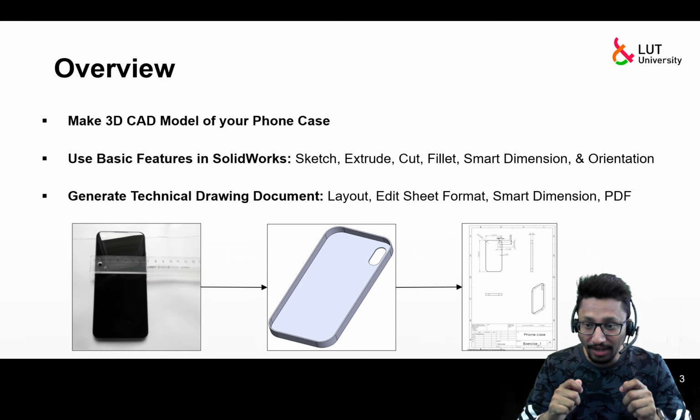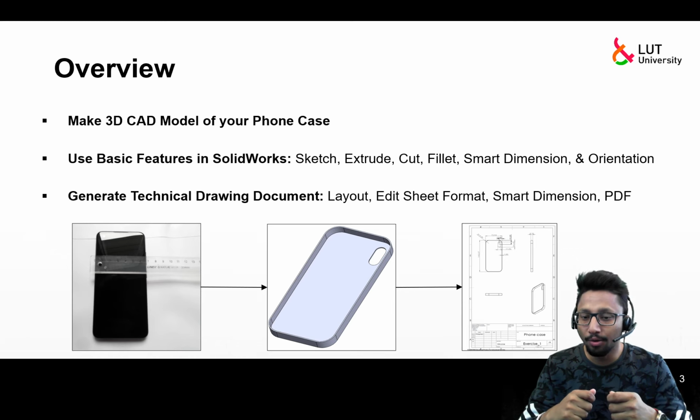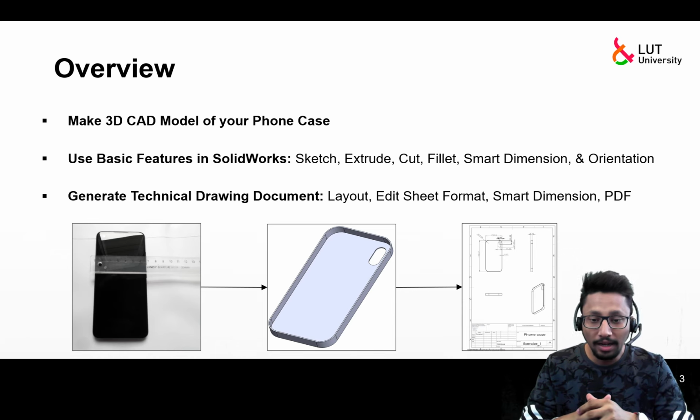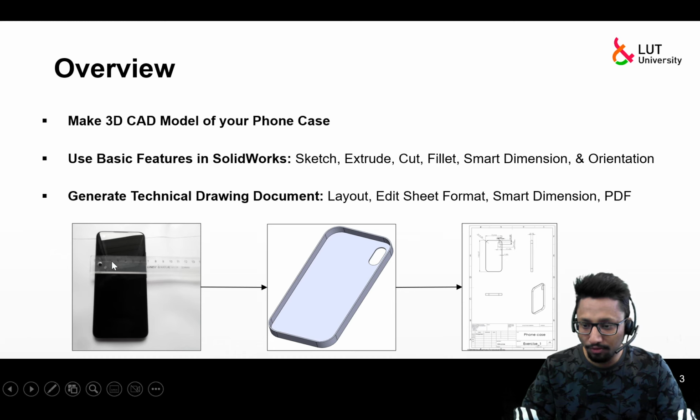Then using this 3D CAD model, we will generate a technical drawing document. And of course, while making the technical drawing document, we will learn layout, edit sheet format, smart dimension, and PDF. So as you can see in the picture here, first we will measure your phone, then we will build a CAD model, and then we will generate a technical drawing document from your CAD model.